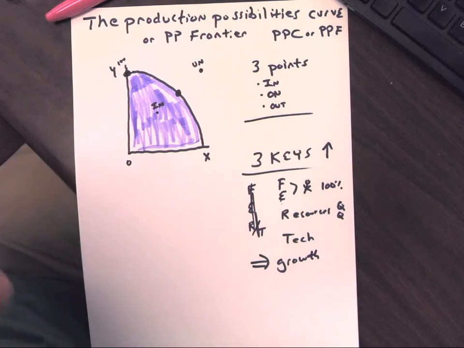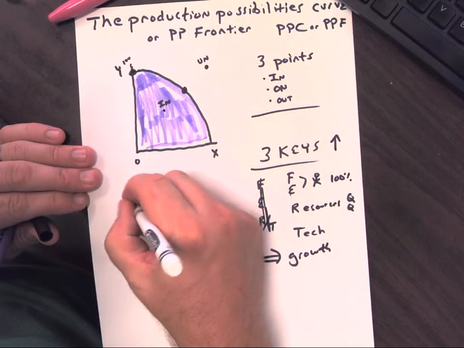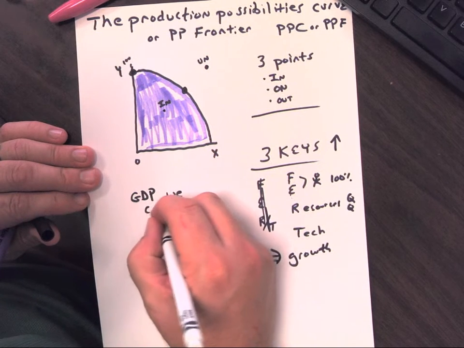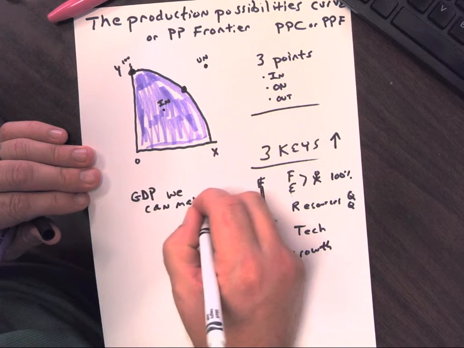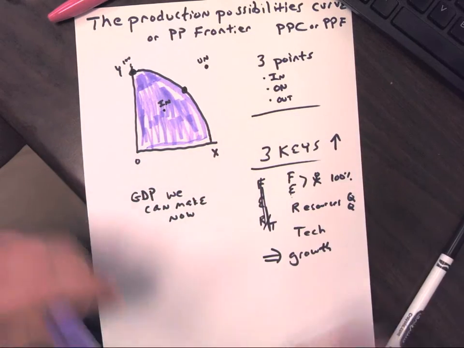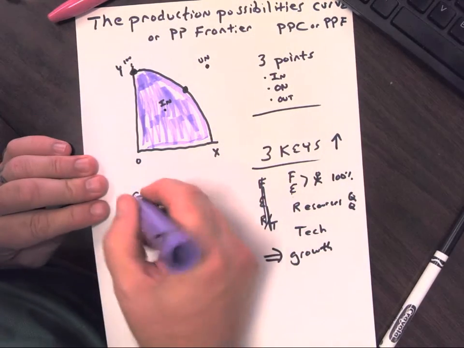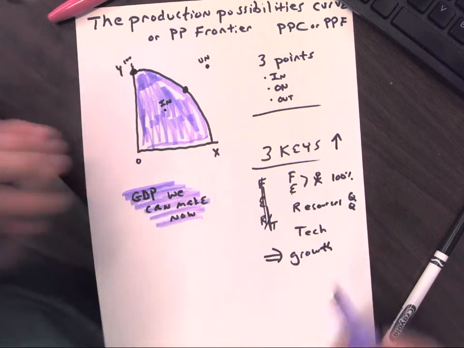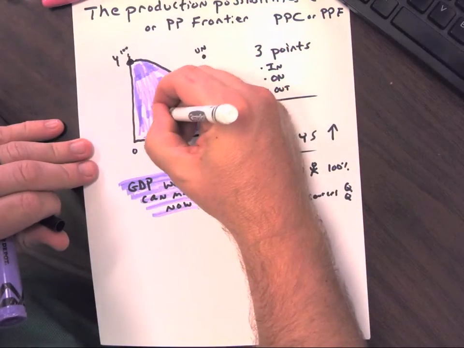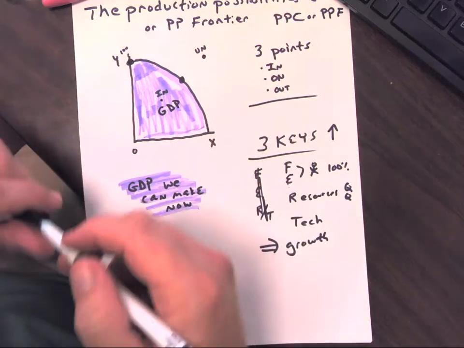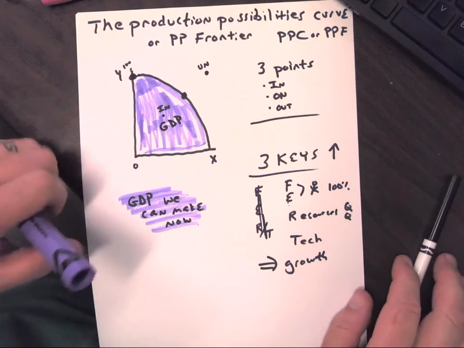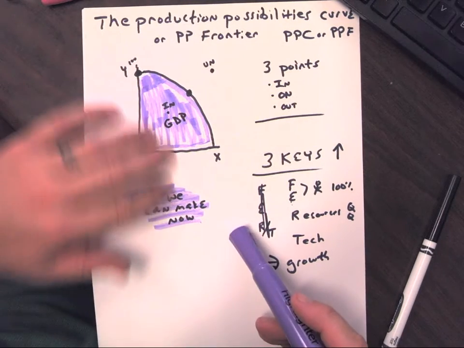Now, it's potential GDP, GDP that we can make now. Okay? So all this GDP that we can make right now is inside of here. Okay? So if we remember, that's gross domestic product, anything made in our economy at this moment in a particular year. Okay? So all this is GDP we could make right here.